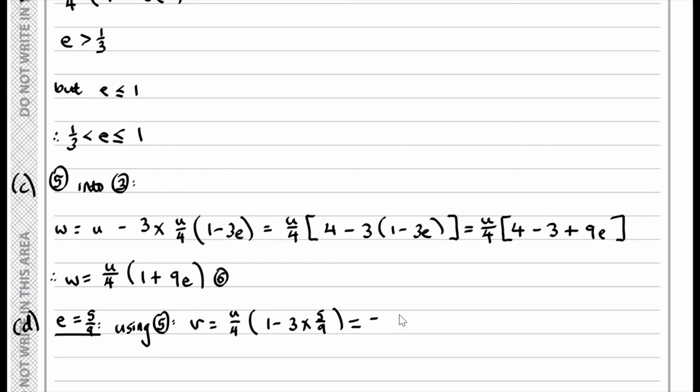And if we simplify all this, you'd find we get minus u over 6. And if we use equation 6, you'd find w to equal u over 4 lots of 1 plus 9 times 5 over 9. So we have 3u over 2.